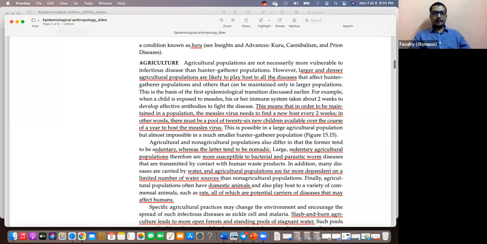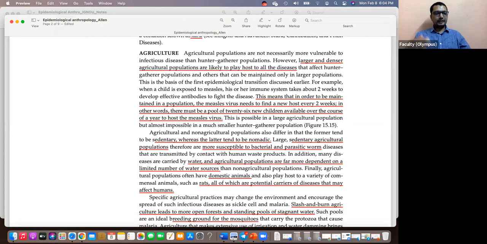Larger and denser agricultural populations tend to host more diseases. They were briefly comparing hunter-gatherer populations versus agricultural populations. I think they were saying that agricultural populations tend to be more sedentary compared to hunter-gatherer populations. Today we are comparing modern populations versus agricultural populations; we are more sedentary than them. Right?